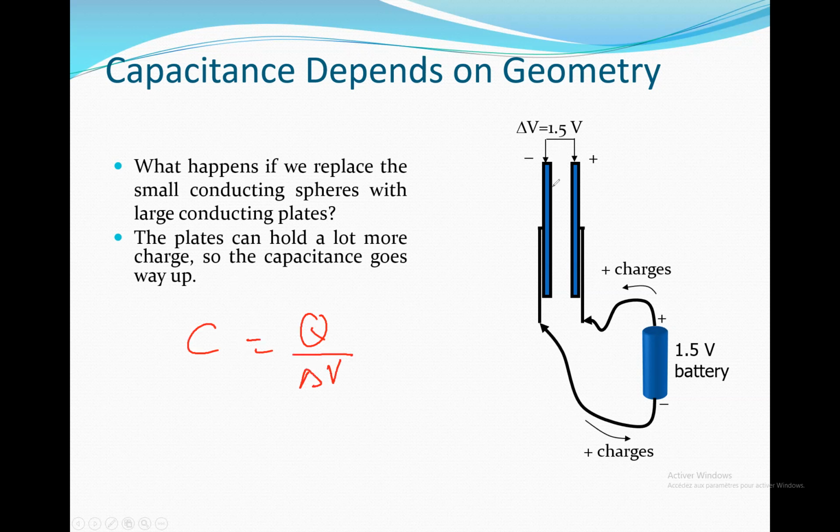If we increase the area of these plates, Q will be increased. Delta V is constant because it's connected to a constant value of delta V, so C must be increased. So we have two cases now. If we decrease the distance between the plates, C increases. Also, if we change the small conducting spheres to large conducting plates, C also increases.